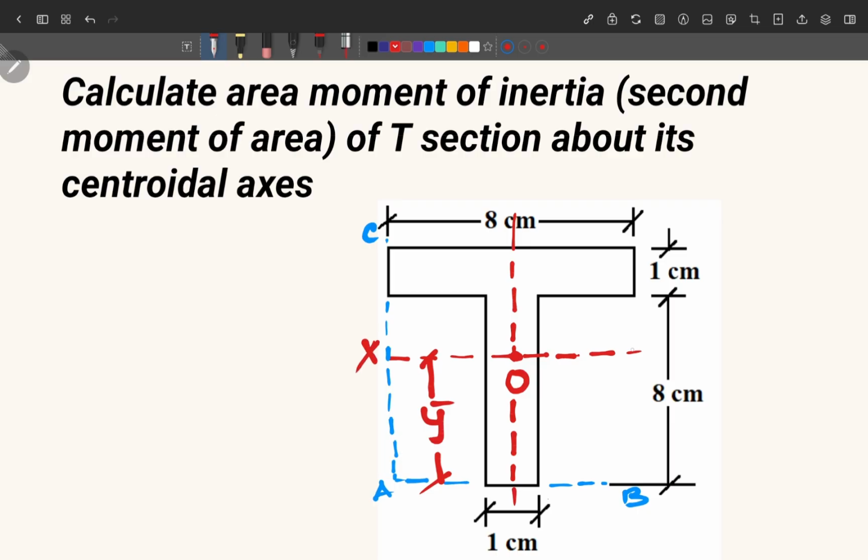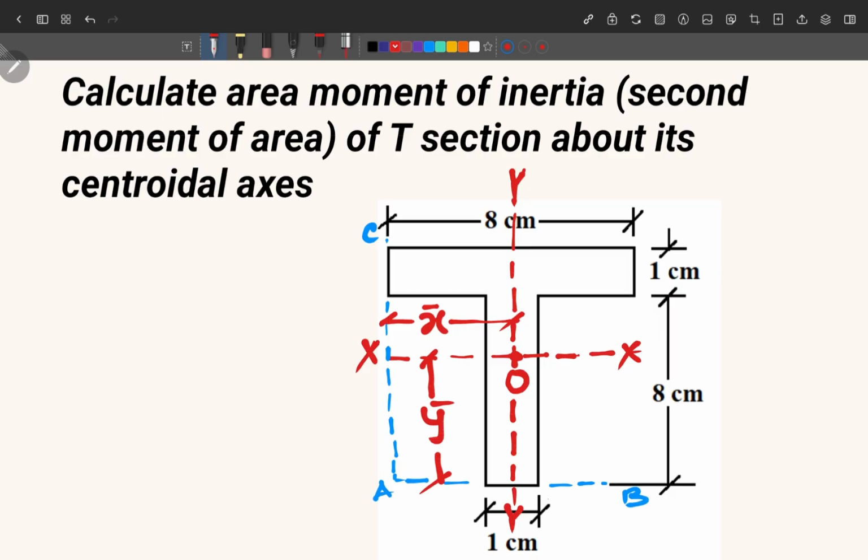So this is x-axis and this is y-axis of the section. So we have to first locate where is the centroid of this section. Let us say that this is x bar, and this is y bar.